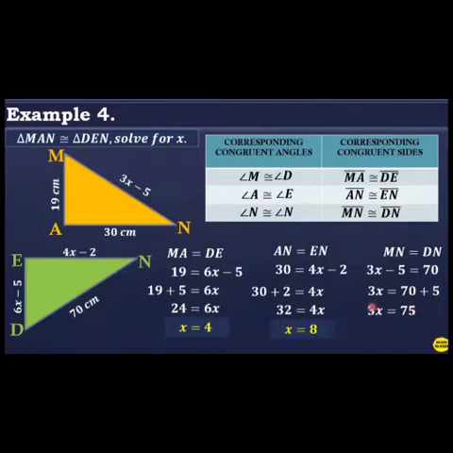So, 75 divide 3, that is 25. Okay? So, since ito po ay 70, so dapat 70 din to. So, isubstitute natin yung 25 dito. So, 3 times 25, that is 75. 75 minus 5, that is 70, which is congruent to this side.